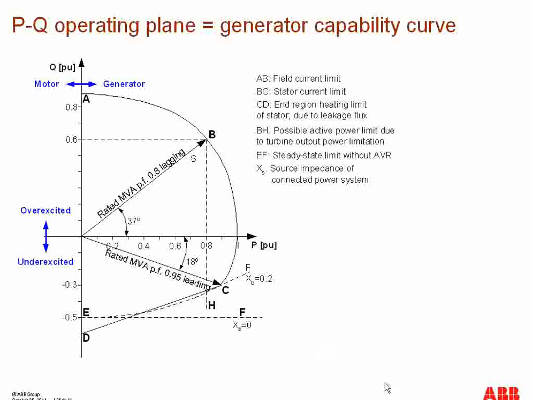In addition to all these limits, there are certain limits imposed by the turbines as well, and that turbine output limit is represented as BH right here. So this generator capability curve is quite a powerful tool to show the different limitations on the generator performance.